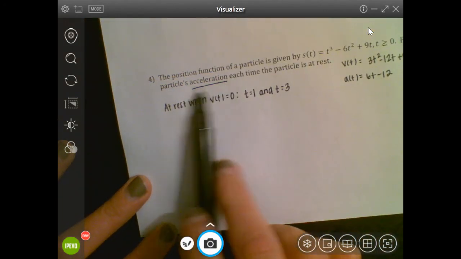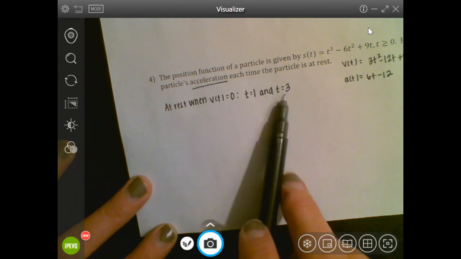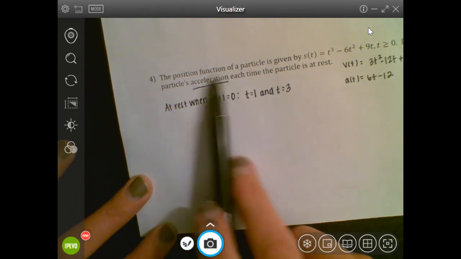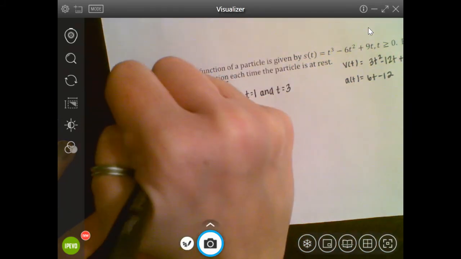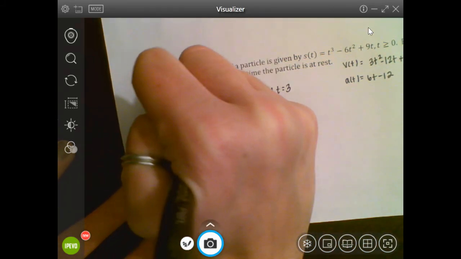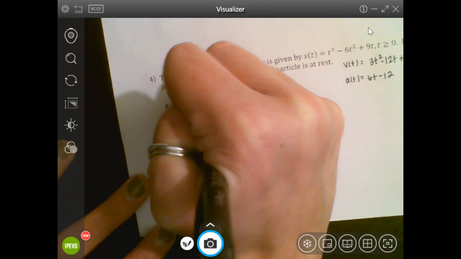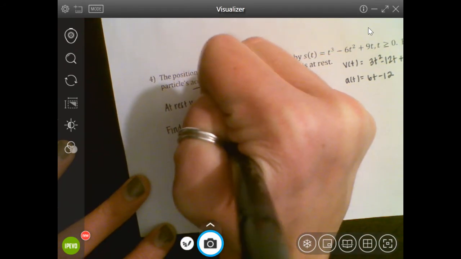Now that we know we're at rest at these two places, we need to figure out what the acceleration is at t equals 1 and t equals 3. So find a of 1 and a of 3.